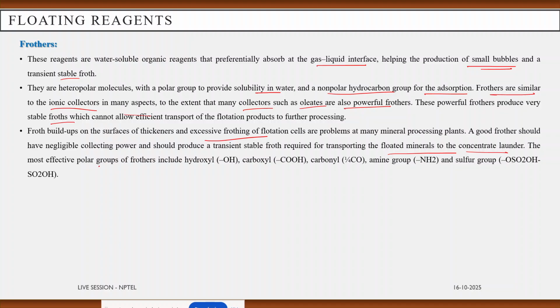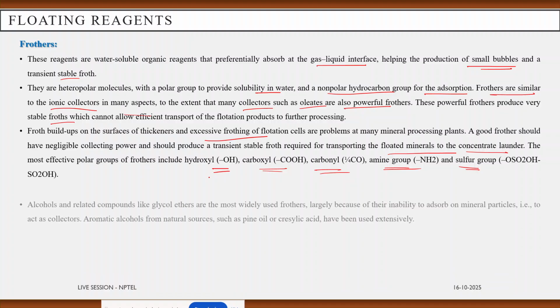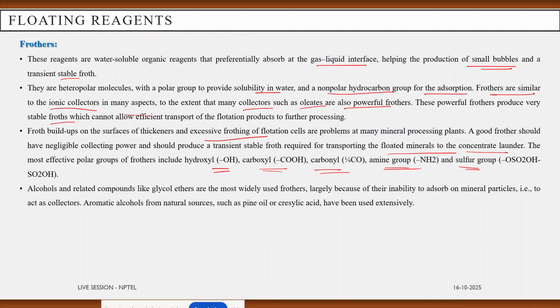So the most effective polar groups for frother introducing include hydroxyl group, carboxyl group, carbonyl group, amine, sulfur. So these are some good frother groups. Alcohols and related compounds like glycol ethers are the most widely used frothers, largely because of their inability to adsorb onto the mineral surface.